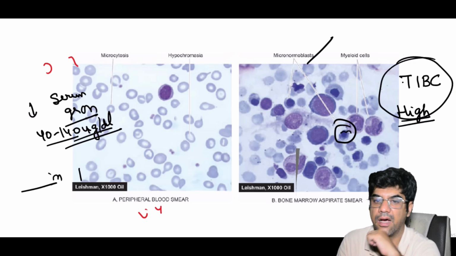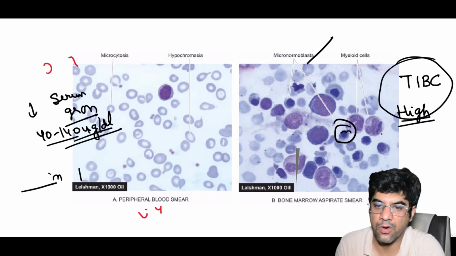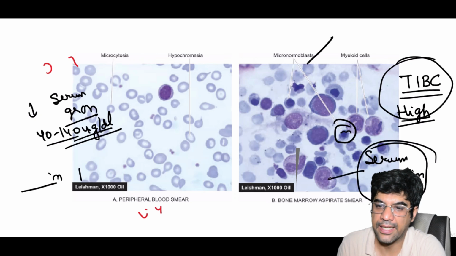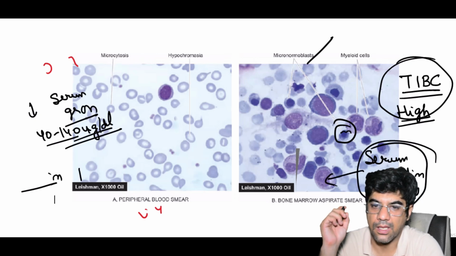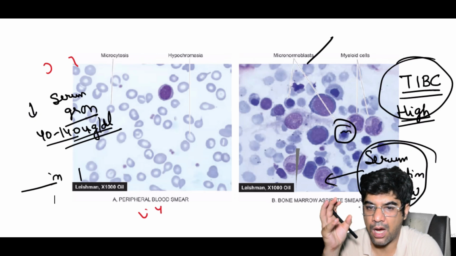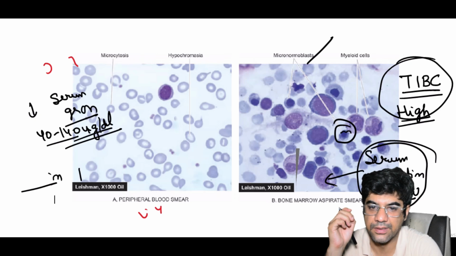Remember, in case of chronic disease anemia, this total iron binding capacity is decreased. The serum ferritin level is low, indicating poor tissue iron stores. The serum ferritin is raised in iron overload and it is normal in anemia of chronic diseases.